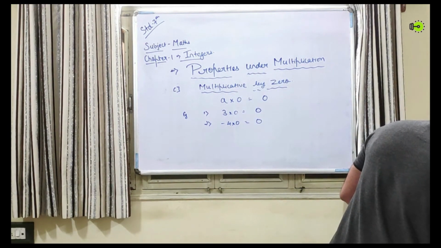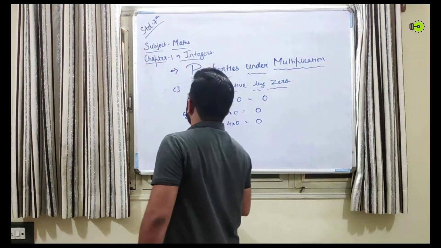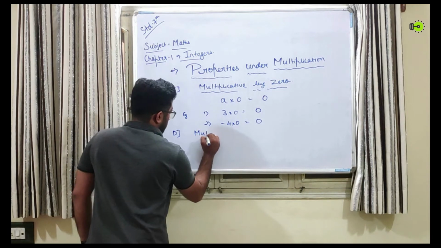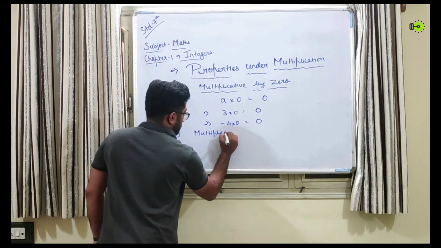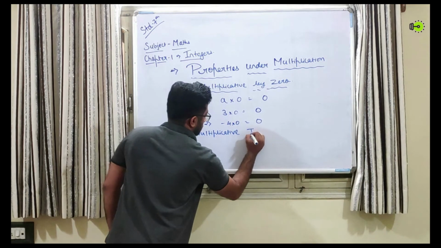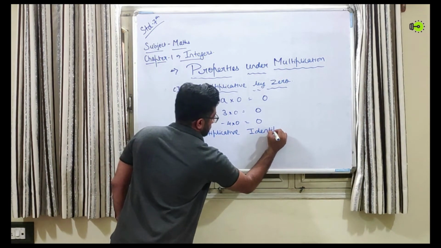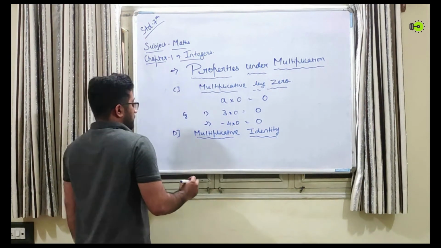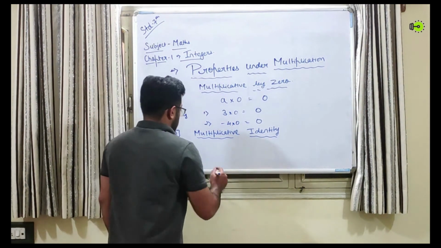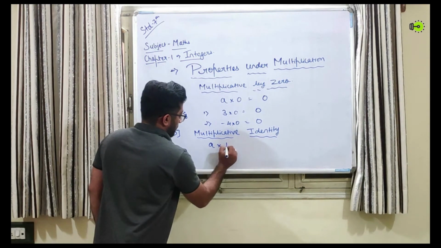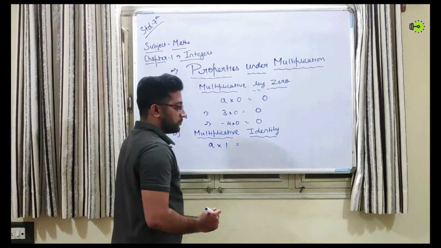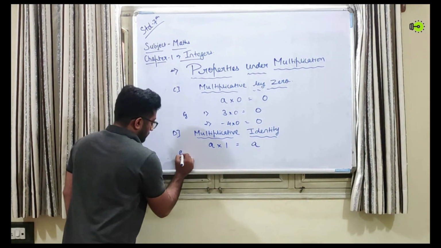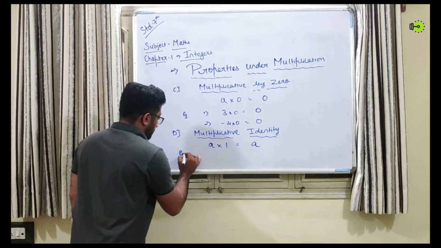Now another property discussed here is multiplicative identity. The general term regarding this property is a multiplied by 1 will be equal to a. Now let us prove the same with the help of an example.